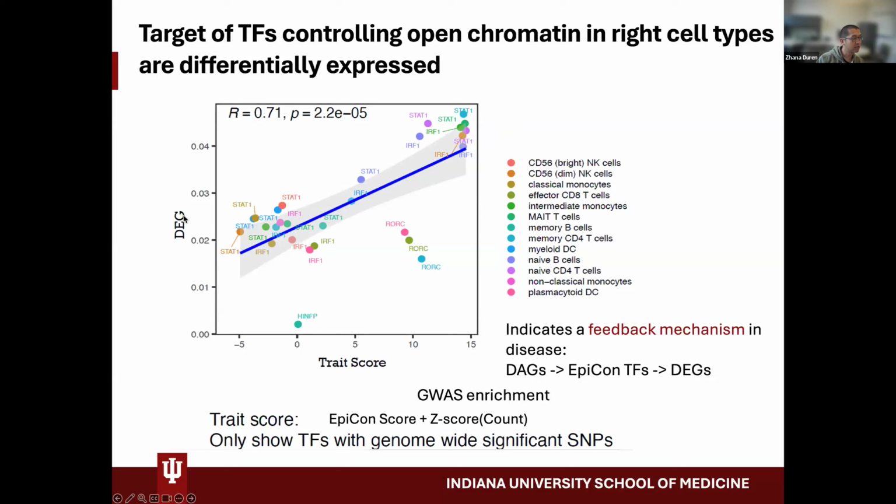The y-axis shows whether their targets on average are differentially expressed, and the x-axis is the score we defined based on the importance of the transcription factors. That means the DAG, disease-associated genes, and differential expression do not have good overlap, but their upstream transcription factors are highly consistent. That indicates a feedback mechanism between GWAS genes and these genes through the transcription factors.